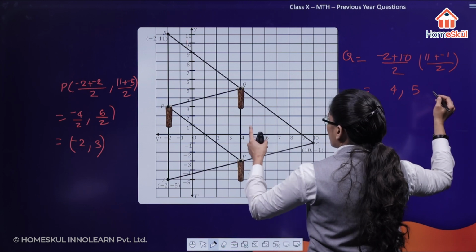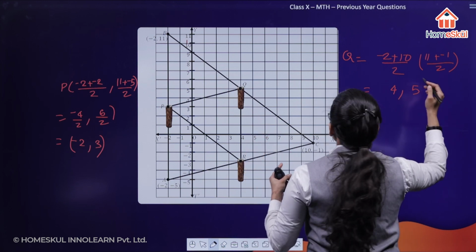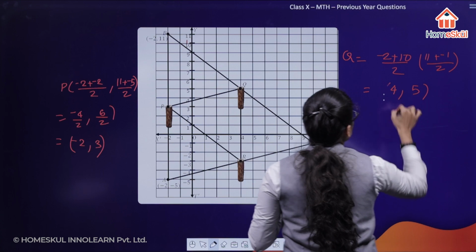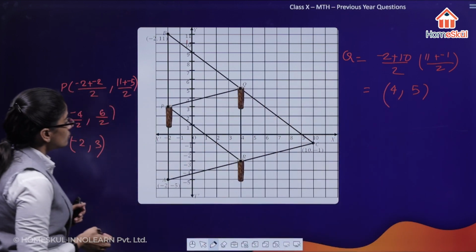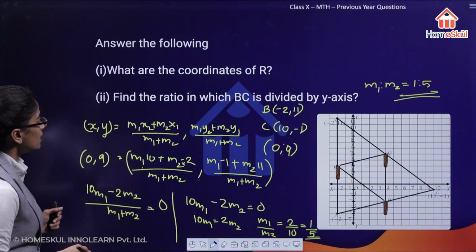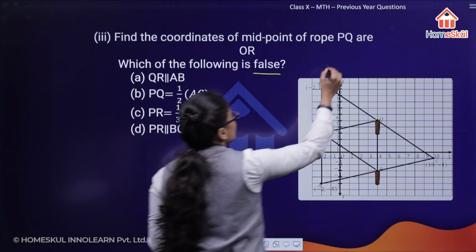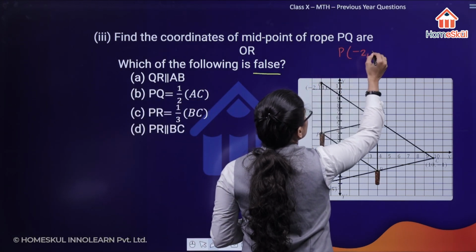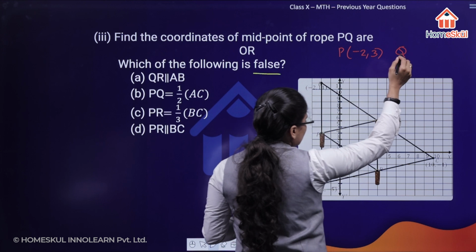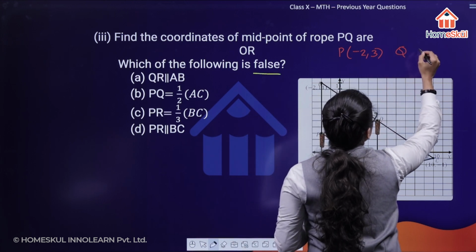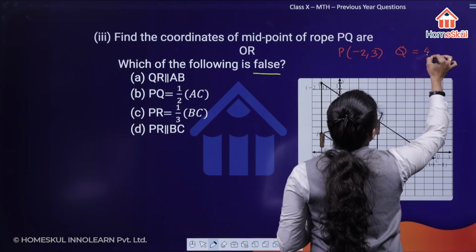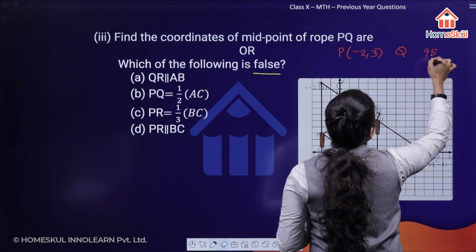So we are getting the coordinates of Q as (4, 5). These are the coordinates of P and Q. For P, it is (-2, 3), and for Q, we have (4, 5).